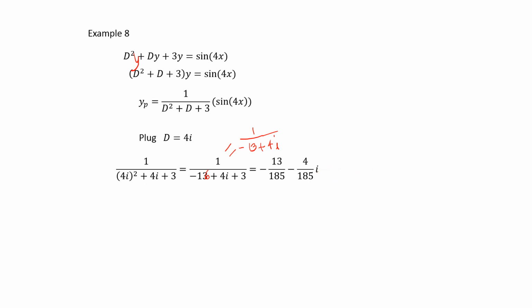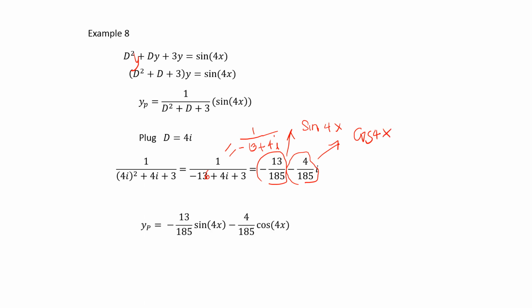This negative 13 over 185 will be associated with sine of 4x, and this negative 4 over 185 will be associated with cosine of 4x. Therefore, your particular solution is negative 13 over 185 sine 4x minus 4 over 185 cosine of 4x.